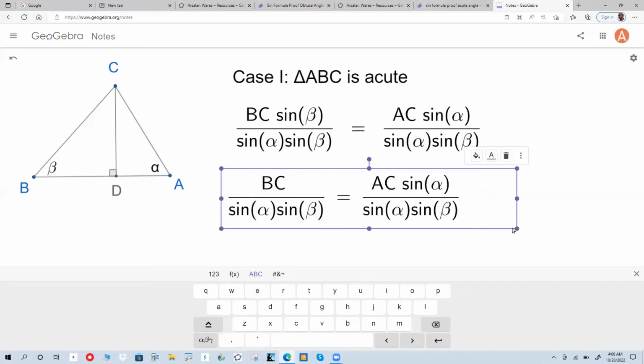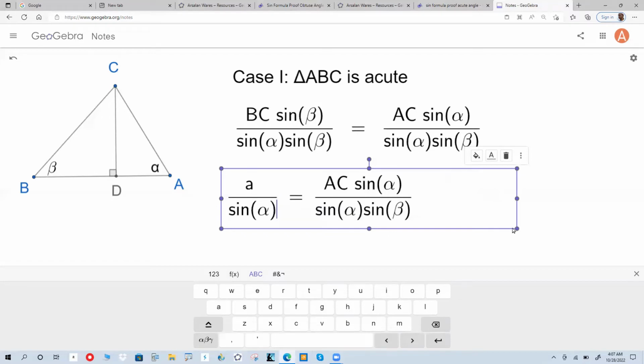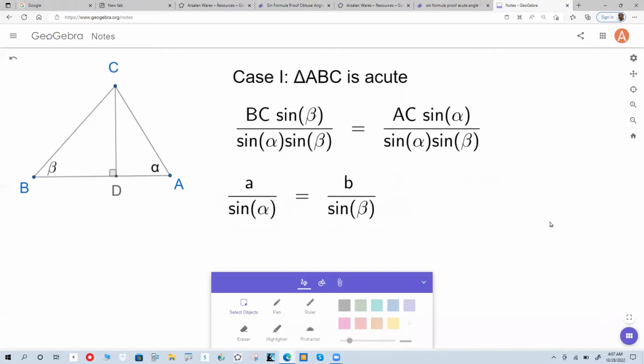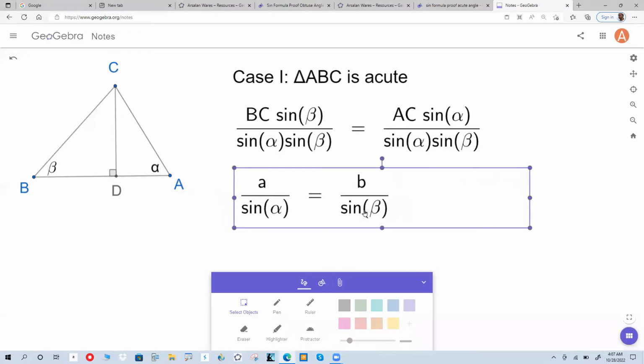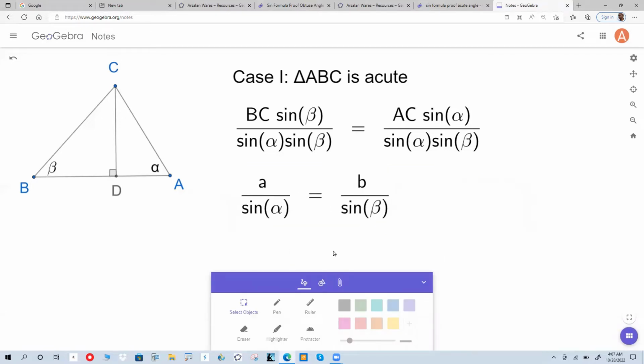And I did some cancellations, as you can see. AC is, once again, small b, and we have our traditional looking sine rule or sine formula.